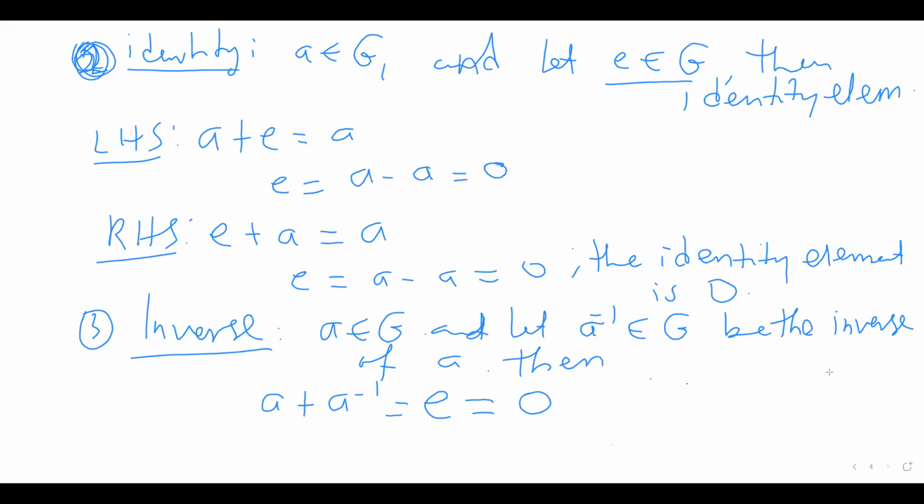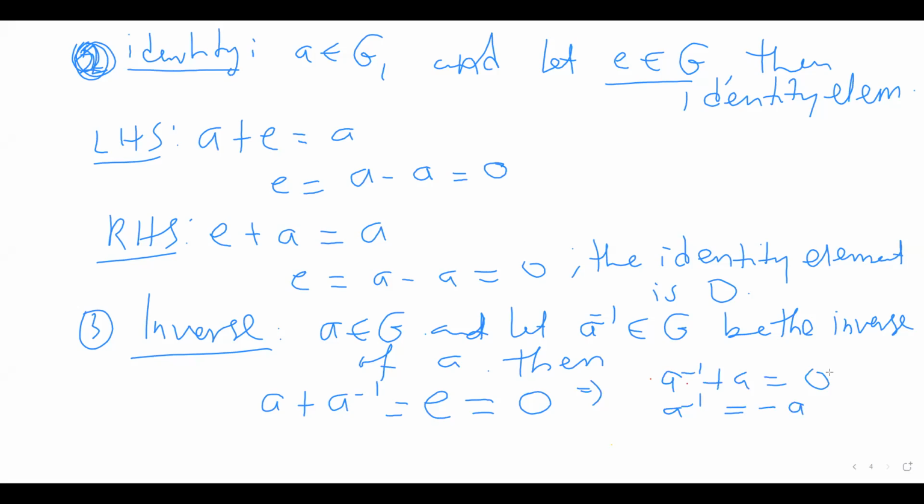Then we find what this A inverse should be. So we can just see that A inverse plus A is equal to 0. And then it means nothing but A inverse is equal to minus A.